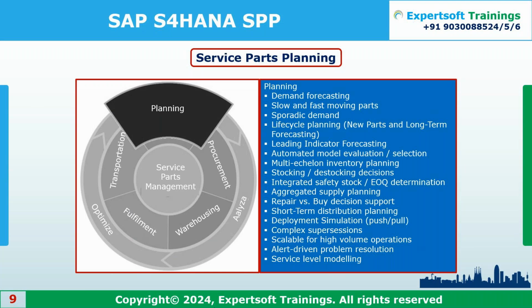Those are a few of the advantages of SPP. And also alert monitoring. If there is any shortage of materials, we can see those alerts in the alert monitoring systems, or SNC also gets involved to monitor all those alerts.